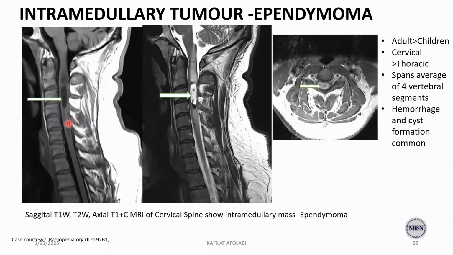If you look at this T1 weighted sequence, we see this hyperintense area. From our MRI basics, we know that hyperintensity on T1 suggests hemorrhage. So this is an area of hemorrhage within this lesion.